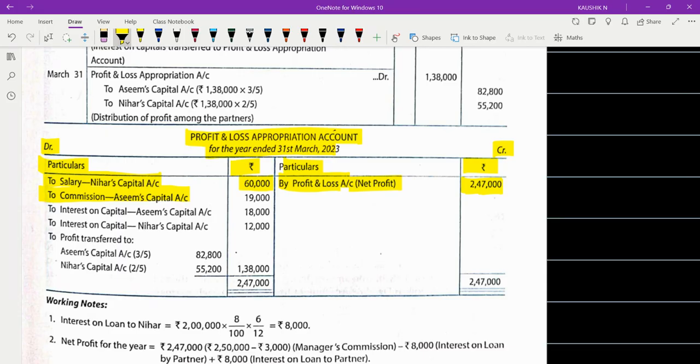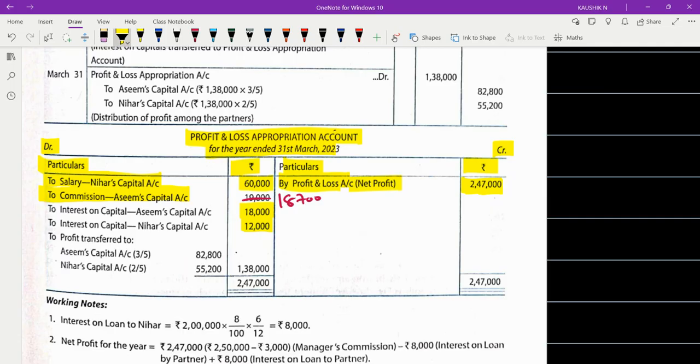Kindly change this to 18,700, and then the values 18,000 and 12,000. These two will give you 30,000.